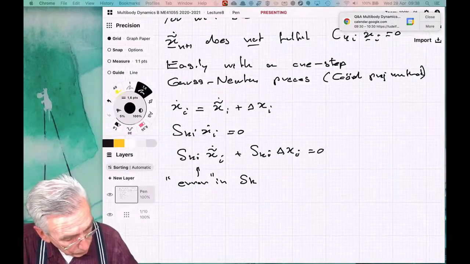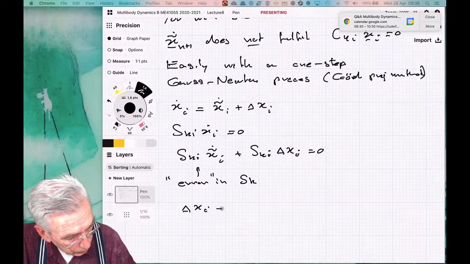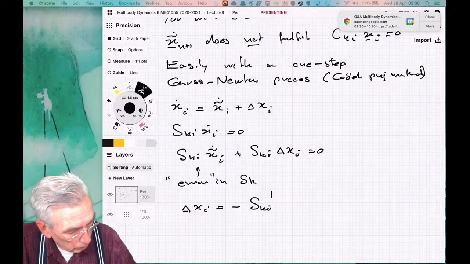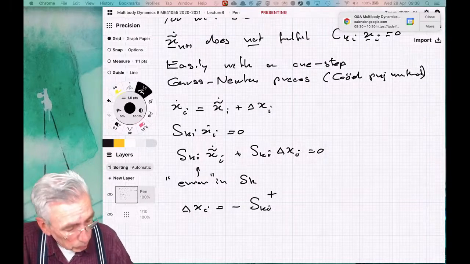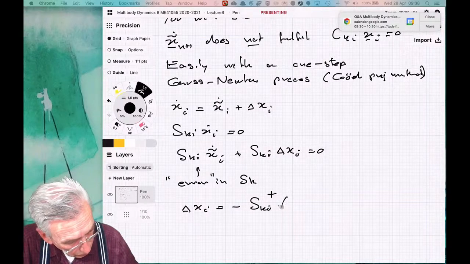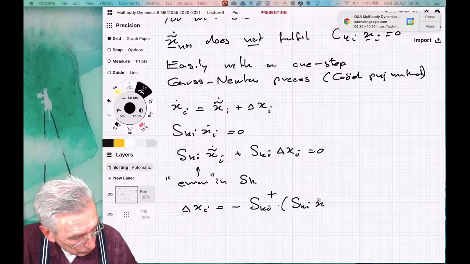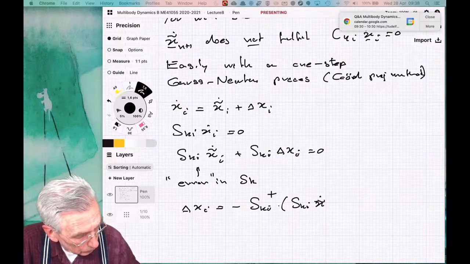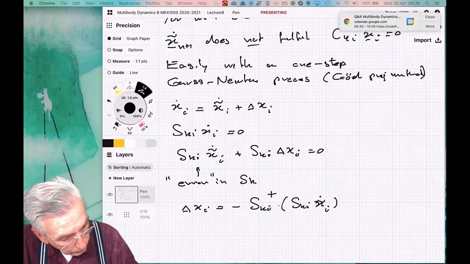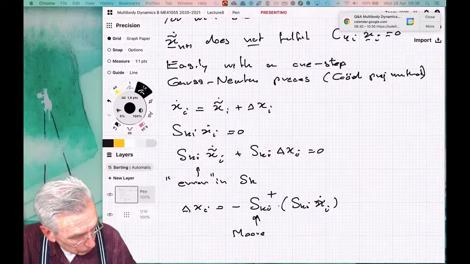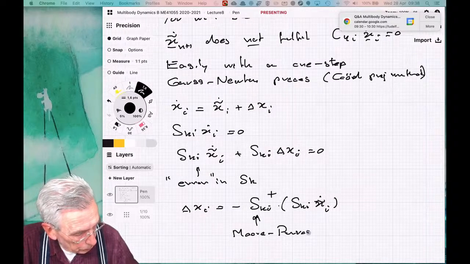And then we can easily say that delta x is minus, I used this Moore-Penrose notation, remember, the Moore-Penrose pseudo inverse times ψk x tilde dot i.